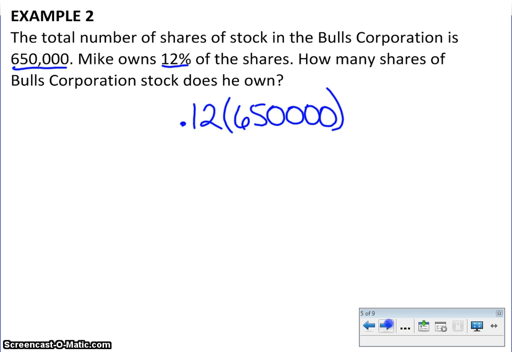So we're taking that 12%, converting it to a decimal, which is 0.12, and multiplying it by the 650,000 shares. When we do that in the calculator, we end up with 78,000 shares is what Mike owns.